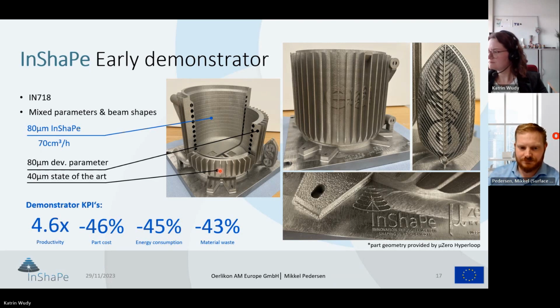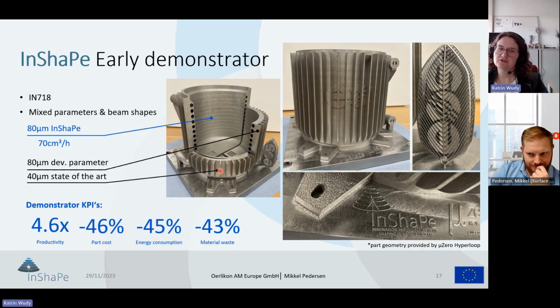In your project, using this methodology, are you modifying the production rate by modifying the density in specific areas of the part of the component, or no?